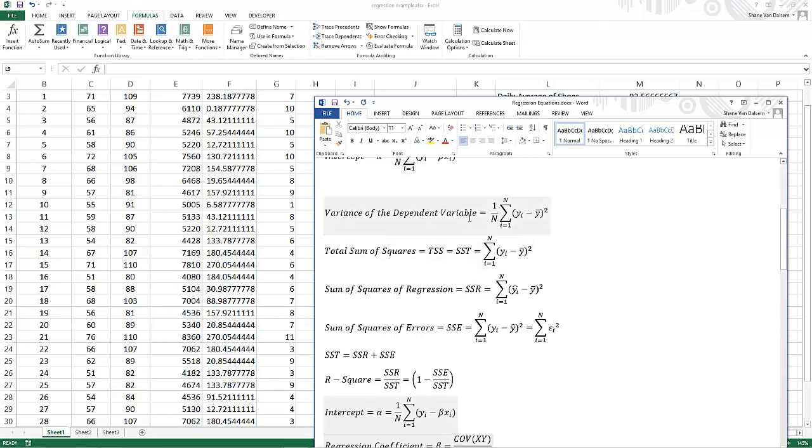If we just calculated the variance of socks and the total sum of squares, they look very familiar. The difference is that we don't divide by n. We just take yi minus y mean squared and find the sum of that.